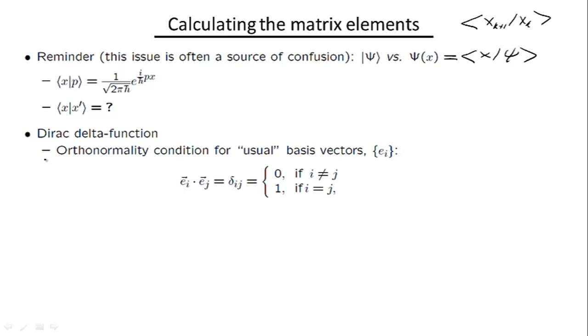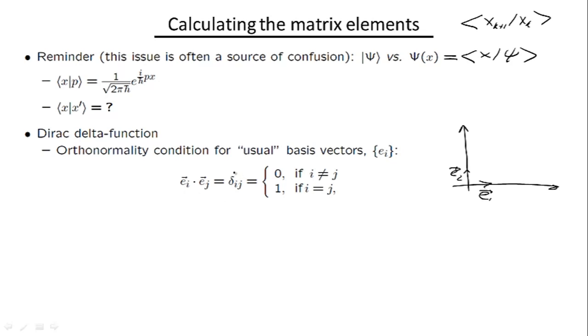Let's say we have a finite dimensional vector space with some Cartesian coordinate system and basis vectors, let's say e1, e2, e3, e4. The Cartesian coordinate system implies that the dot product of two basis vectors, e sub i and e sub j, is equal to 0 if they're different, which means they're orthogonal to each other, or equal to 1 if it is the same vector, which means that the norm of the vector is equal to 1.